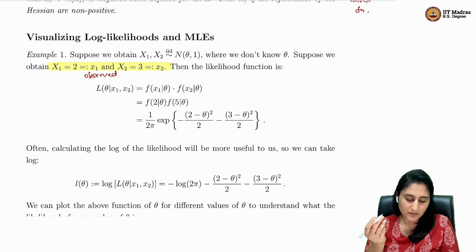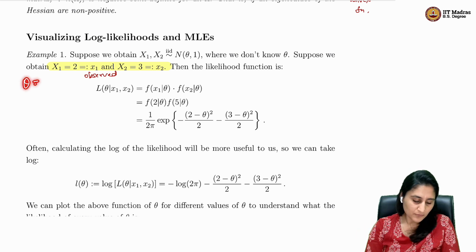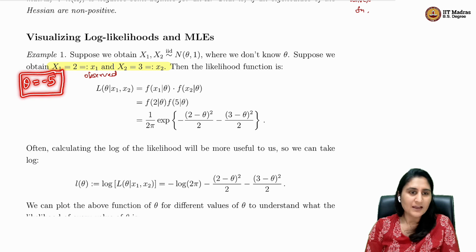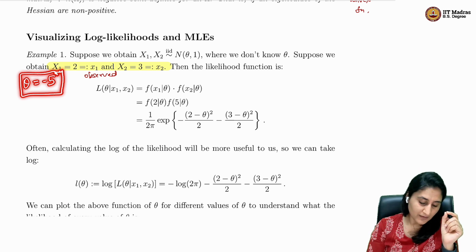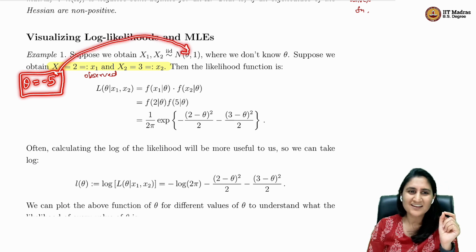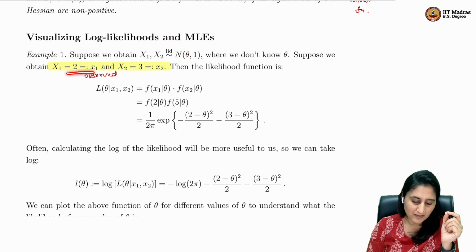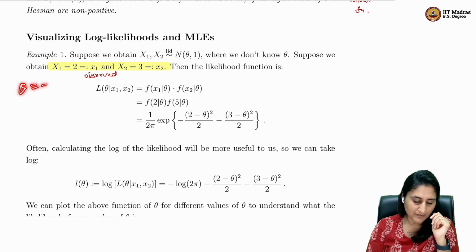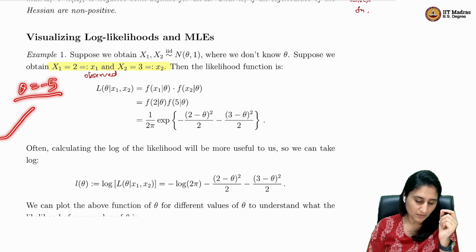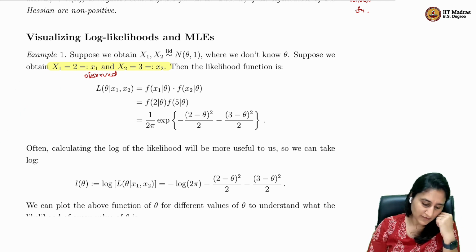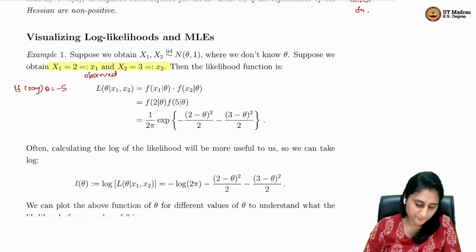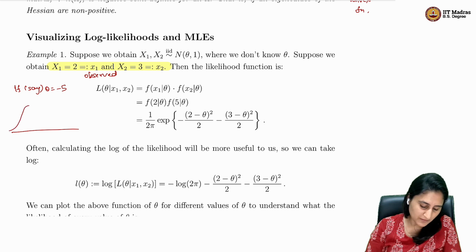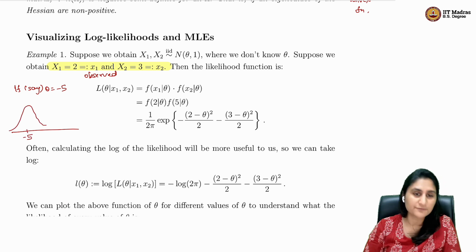Well, if I think about it, then if I consider theta equal to -5, that seems like a value that is probably, if that is the value of theta in this normal distribution, then it doesn't seem like I would have generated these two data points, right? If, say, theta is equal to -5, okay, that means the mean of the normal distribution is at -5.